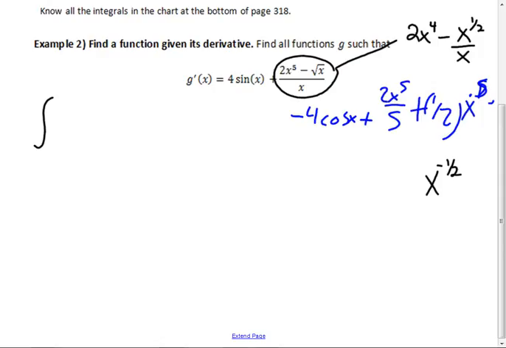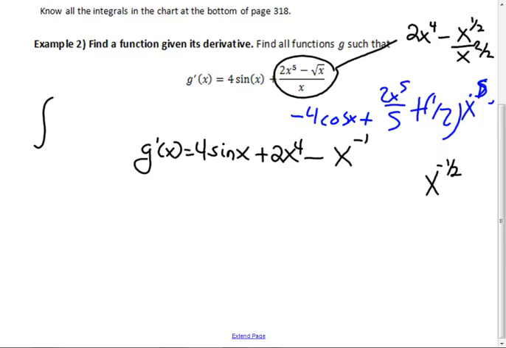So g prime of x, let's clean it up, is equal to 4 sine x plus 2x to the 4th minus, and when I do these, you're going to subtract those. You have to have the power rule. So it's minus x to the negative 1/2. Not quite. Well, we're going to find out.